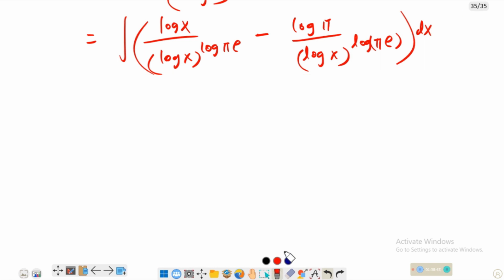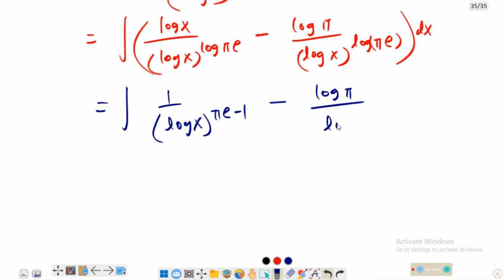And this is equal to integration 1 upon log x to the power log pi e minus 1 minus log pi upon log x to the power log pi e dx.